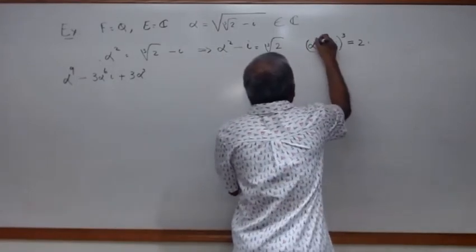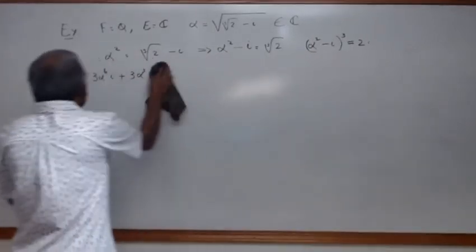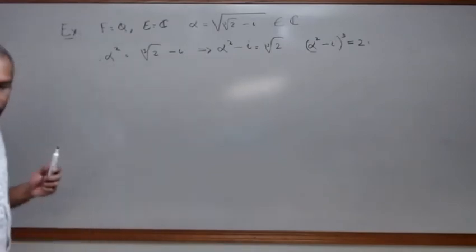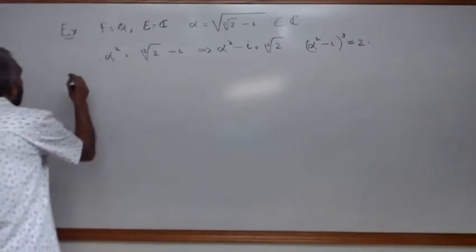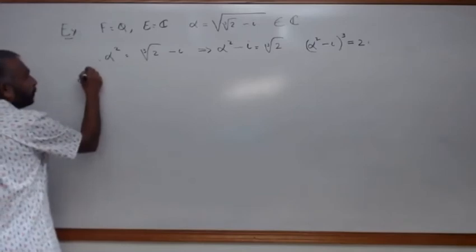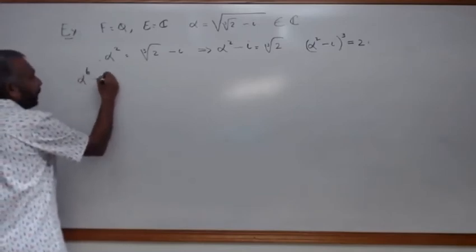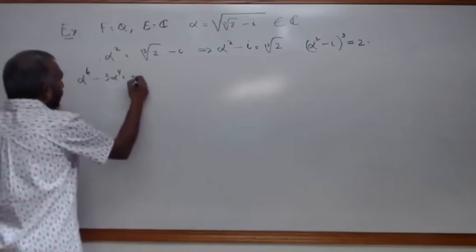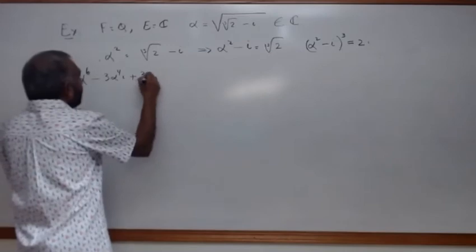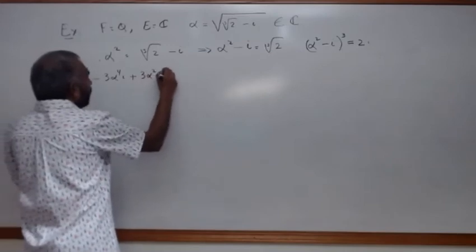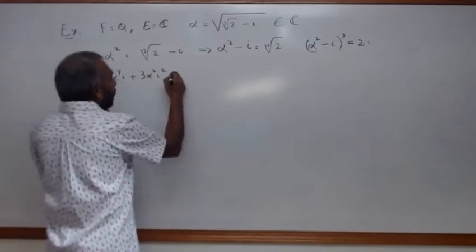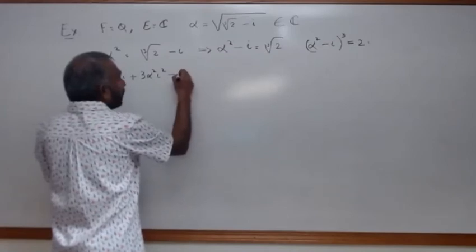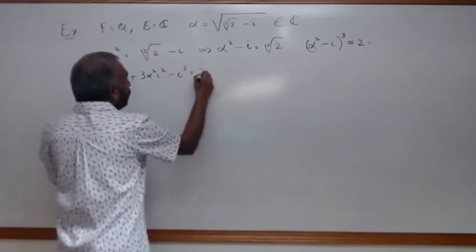This is square, so this will be alpha to the power of 6 minus 3 alpha to the power of 4 I plus 3 alpha square I square minus I cube equal to 2.